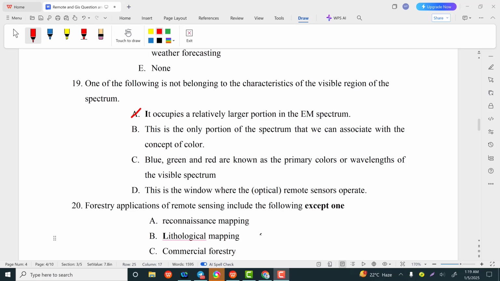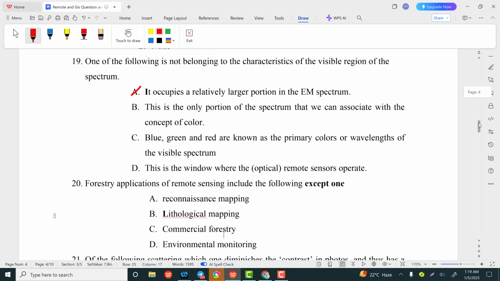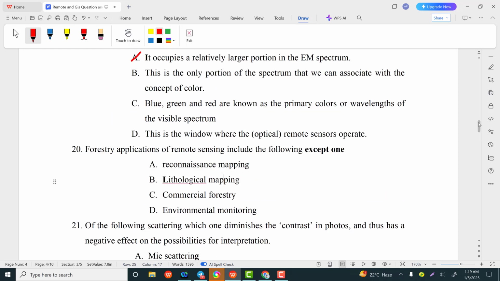Question number 20. For forestry applications, remote sensing includes the following except one. A, reconnaissance mapping. In forestry, reconnaissance mapping is fundamental, so this option is correct. B, lithological mapping.